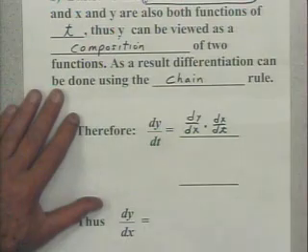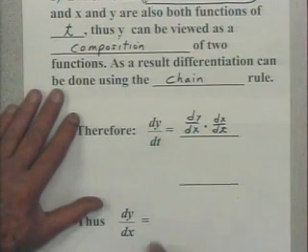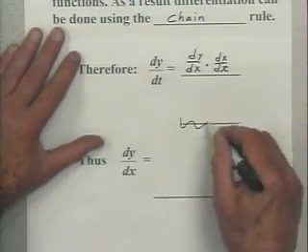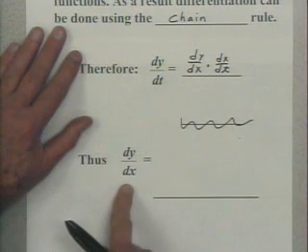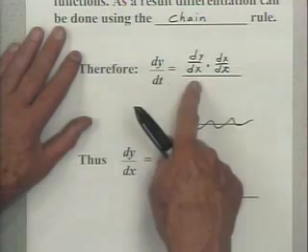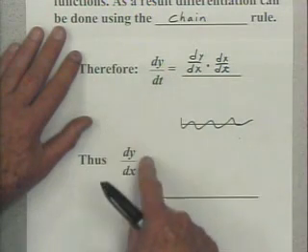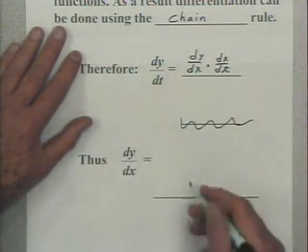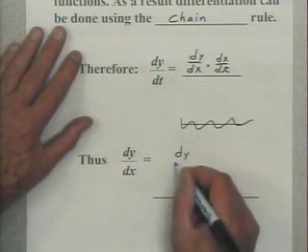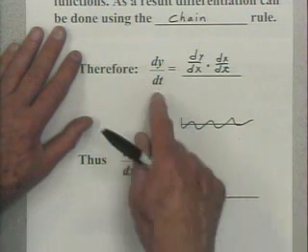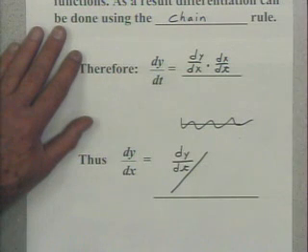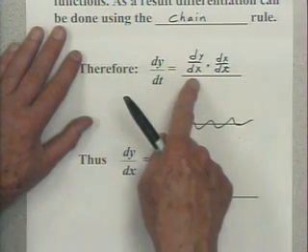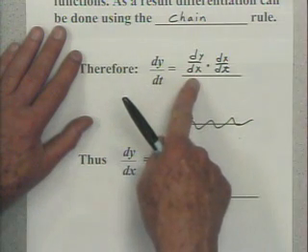Okay, but what did I really want to find? I really wanted to find dy dx in all this. So I take this and solve for dy dx, which means I have to take dy over dt, which is on the left, and divide it by what? I want to solve this for dy dx.